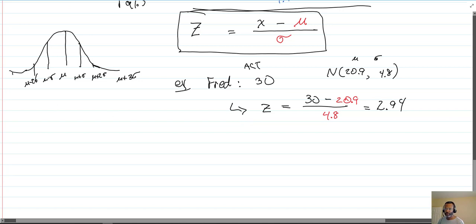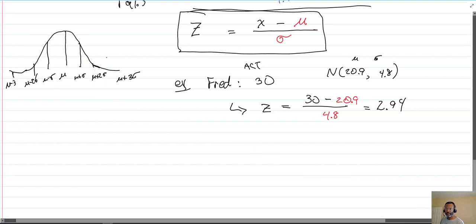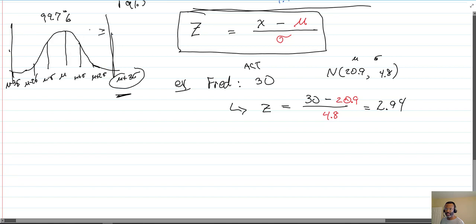So the empirical rule, what we learned, is that within plus or minus 3 standard deviations, that interval captured 99.7% of all data points, of all scores. So if you're 3 standard deviations above the mean, which is what Fred's z-score is, certainly he's done better than at least 99.7%.